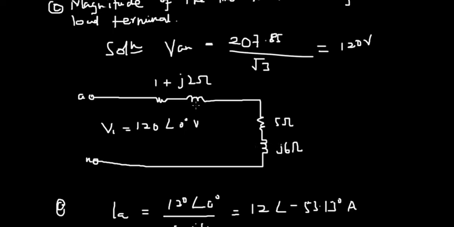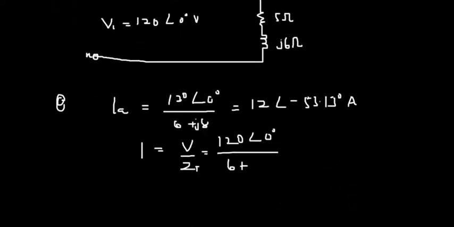So we are adding like terms: the real portion adding to the real portion, imaginary portion adding to the imaginary portion. So that's J8. That's how we got 12 with an angle of minus 53.13 degrees amperes. It's not anything difficult.